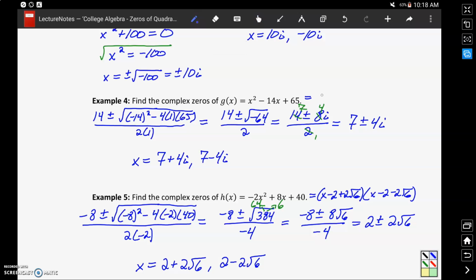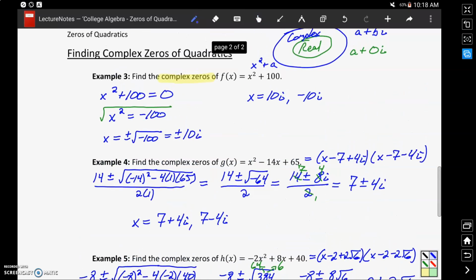In example 4, we could use our two complex roots to write this as x minus 7 plus 4i times the quantity x minus 7 minus 4i. And in example 3, we could factor this as x minus 10i times x plus 10i.